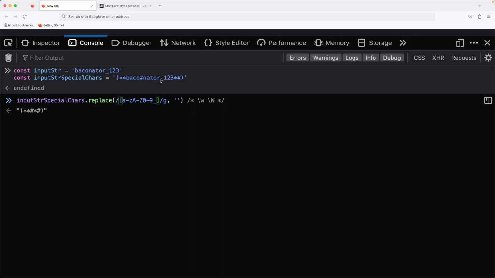The underscore here is also considered a word character according to regular expression. And the 1, 2, 3 is also a word character according to regular expression.